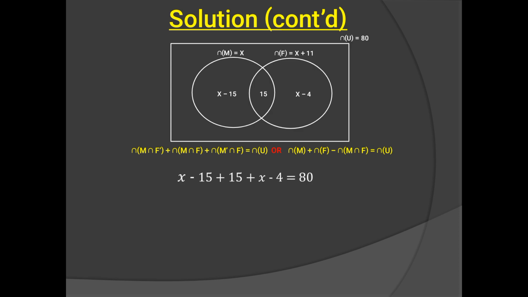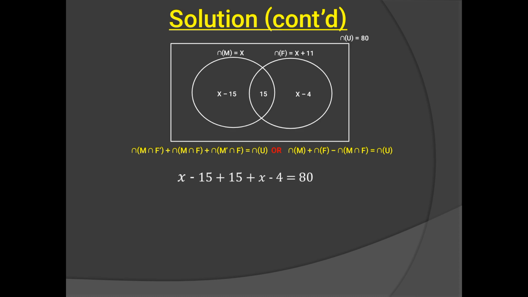All right, so like I said, we are continuing. This is our diagram. Now, number of M intersection F complement, that means M only, plus number of M intersection F, that is the middle number, plus number of M complement intersection F, that is F only.